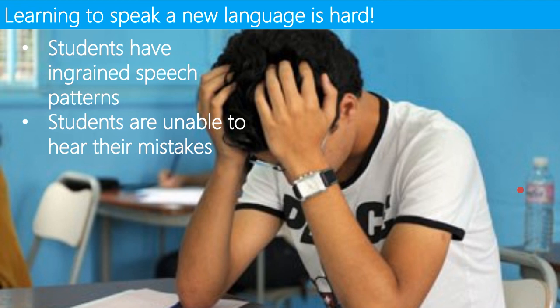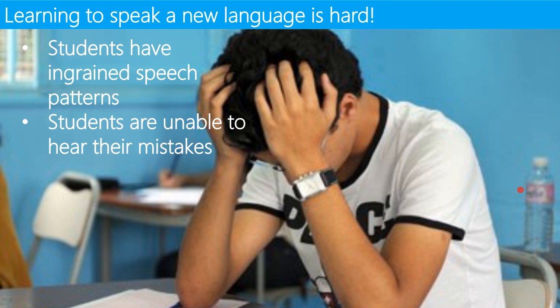If you have ever tried to learn a new language, particularly to learn how to speak a new language, it is no secret that it is quite difficult. And there are two main reasons for it. One is that when you are learning your first language, you develop some ingrained speech patterns, which make it difficult to pick up a new language.